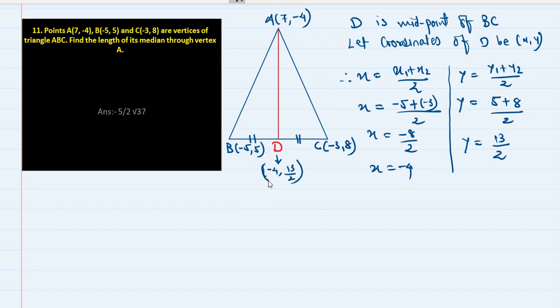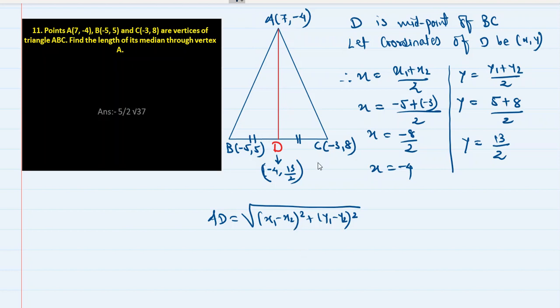Now it is your job to apply the distance formula and find AD. So AD is under root of x1 minus x2 the whole square plus y1 minus y2 the whole square. I'm sure you remember the distance formula.